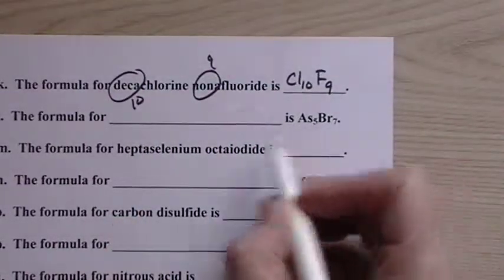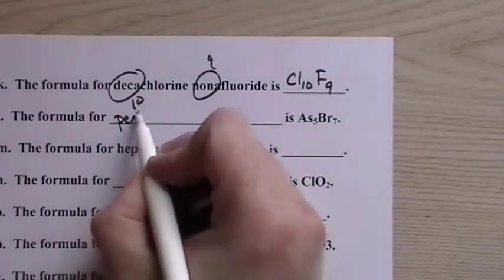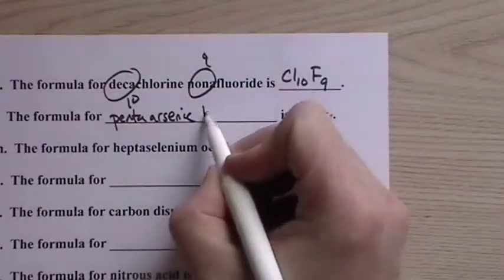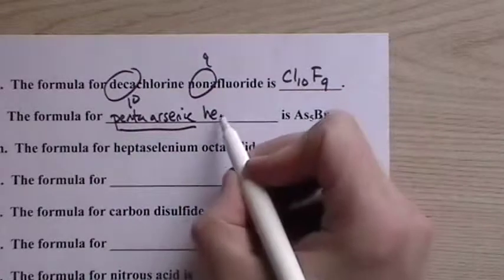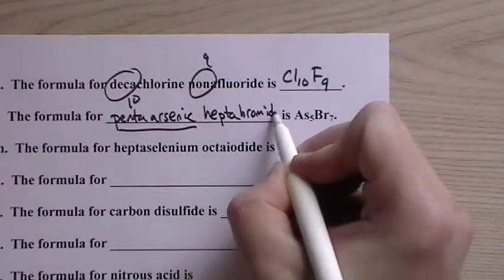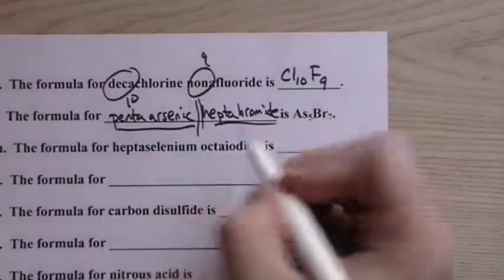The formula for, okay, so we have penta, arsenic, hepta, so this is all one name, heptabromide. And this is all one word, and then there's a space in between.